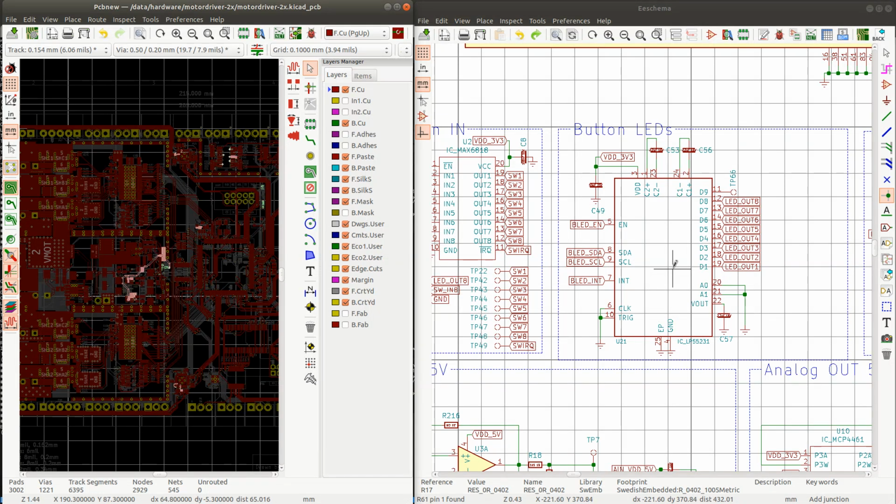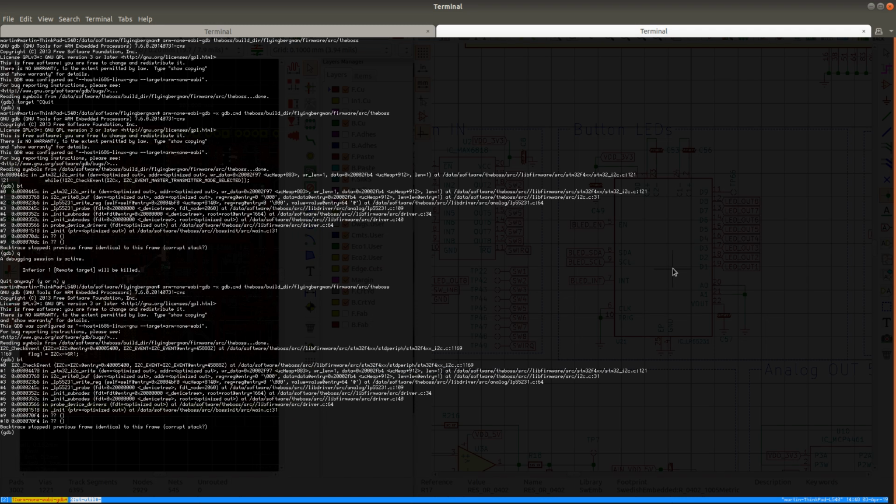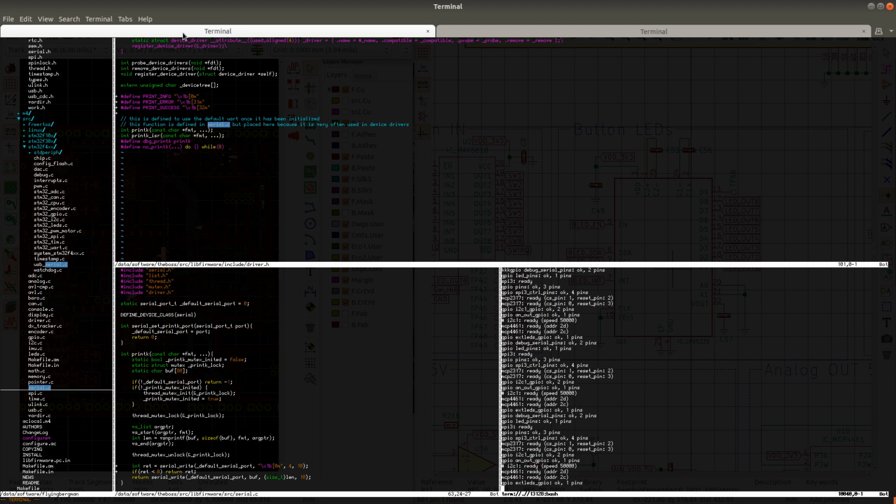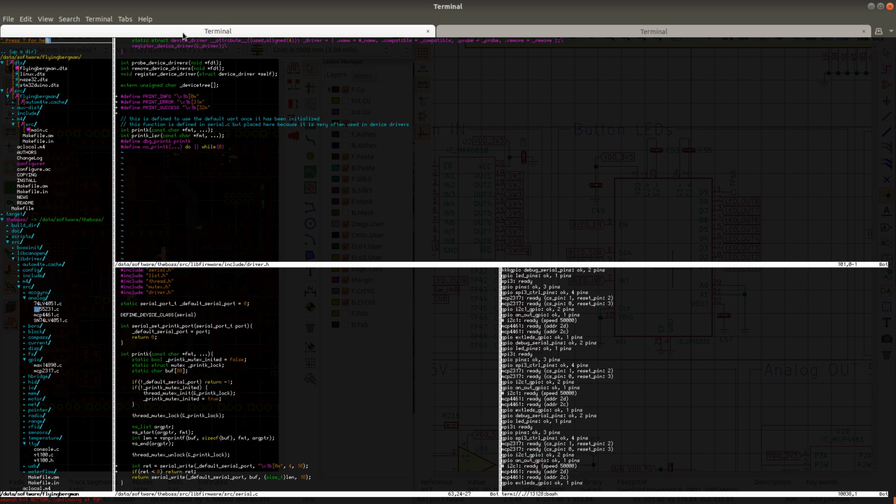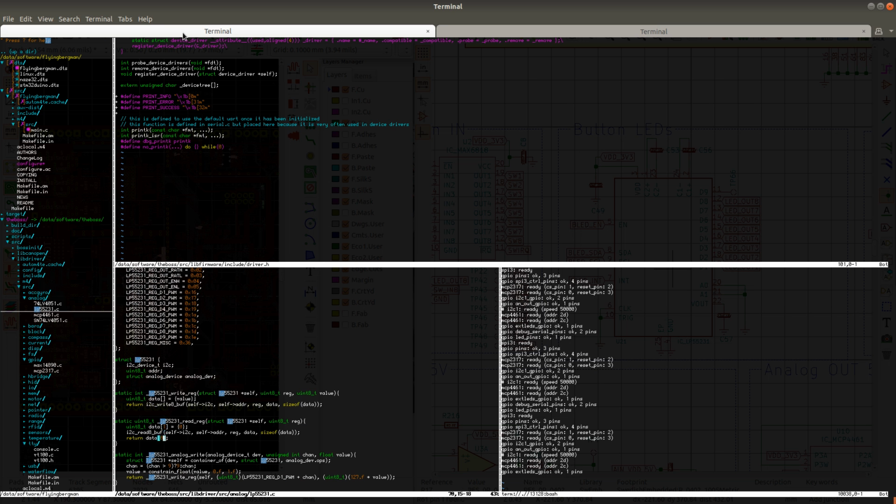So something is screwed up with the LED driver. So I powered off the board, so I cannot step in the debugger anymore.